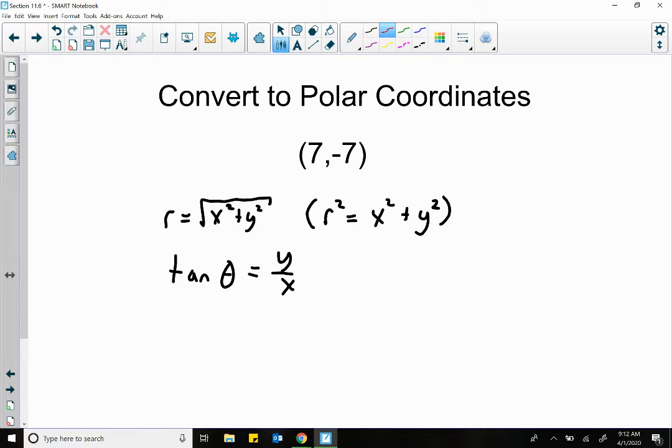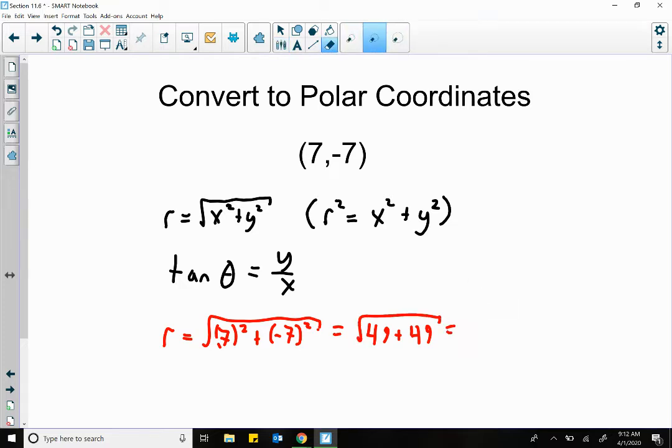So to find r, we're going to take r equal to the square root of 7 squared plus -7 squared. So 7 squared is 49, -7 squared is 49, and 49 plus 49 gives us 98.